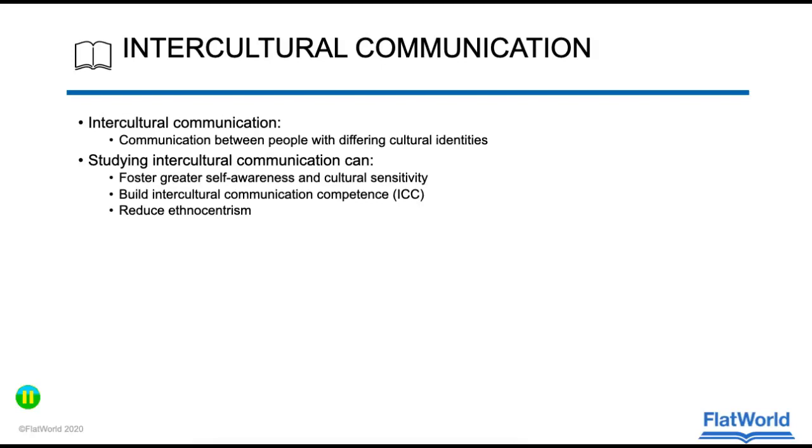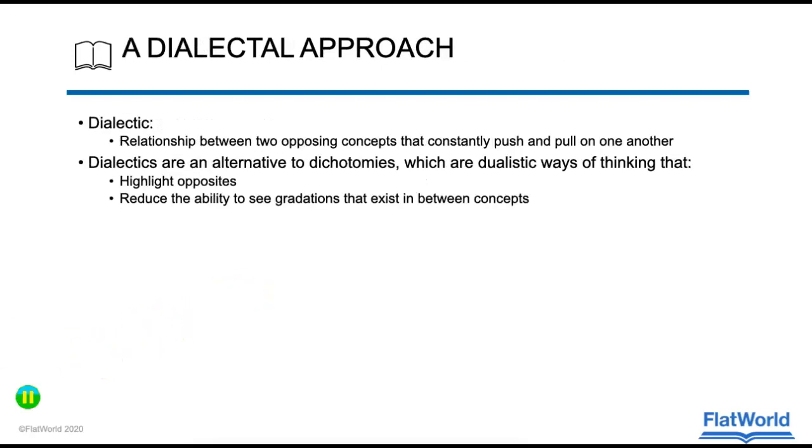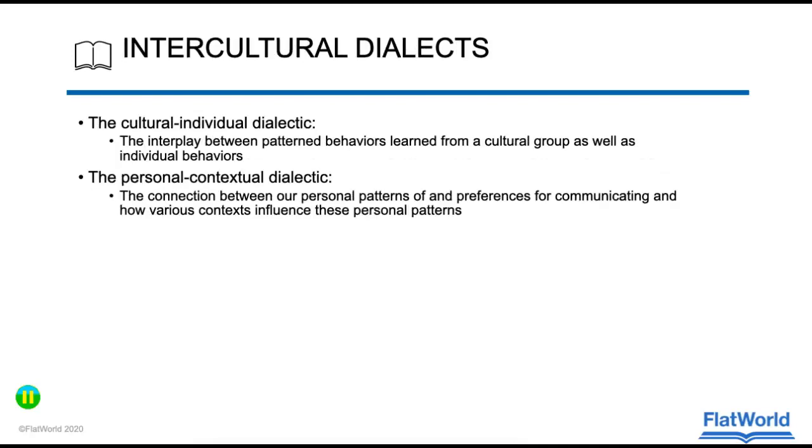Dialectic is a relationship between two opposing concepts that constantly push and pull one another. And dichotomy is a dualistic way of thinking that highlights opposites, reducing the ability to see graduations that exist between concepts. Time's running a little out here, so we talked about dichotomy. Read about that on page 220.